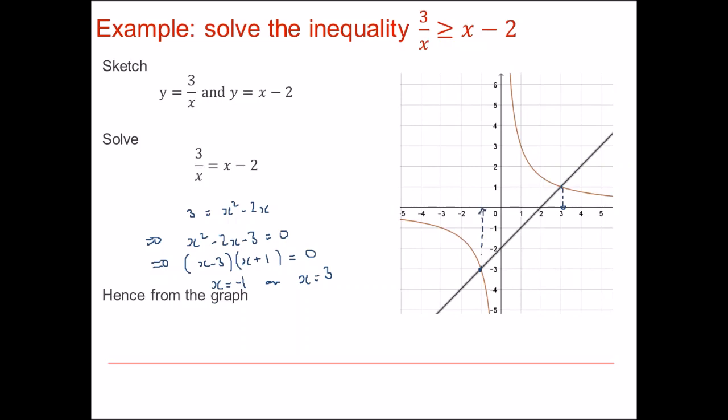Now once we've got those values, we want to solve the fact that the curve, that's the red line, is greater than or equal to the straight line x minus 2.